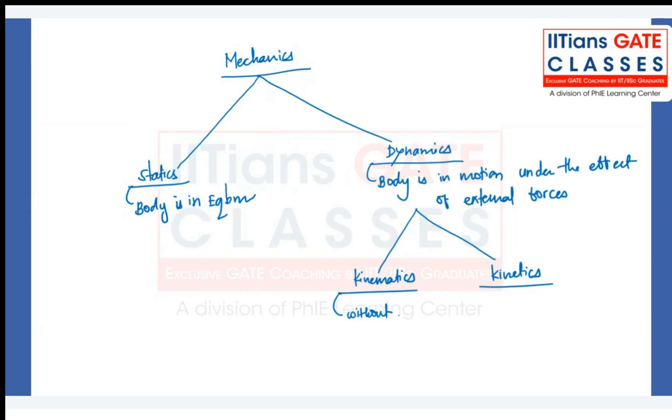So, can you tell me which parameters we'll be studying in this? If you don't consider the forces, our focus will be mainly on displacement, velocity, and acceleration. So basically, we'll consider displacement, velocity, and acceleration.